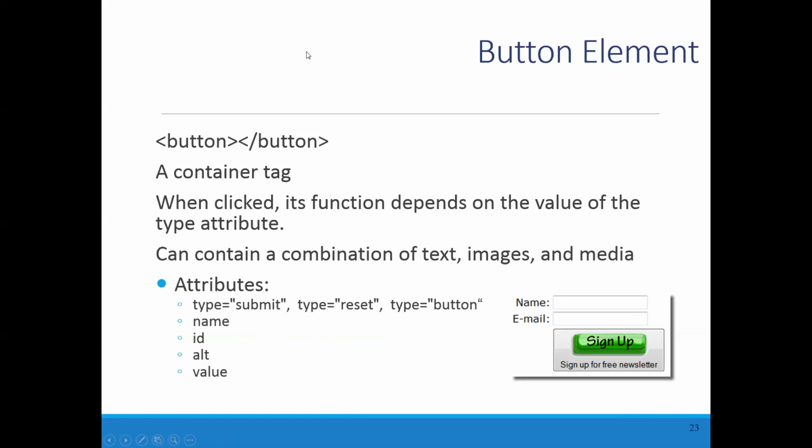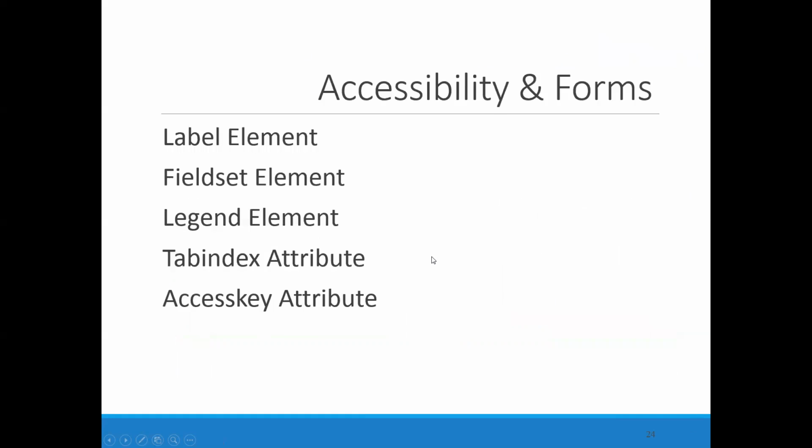Okay, what about making your form accessible to people who don't see so well or don't have real fine motor skills to use a mouse on your website? Well, there are things you can do. You can define labels that are used on that form and then would be accessed by speech readers.